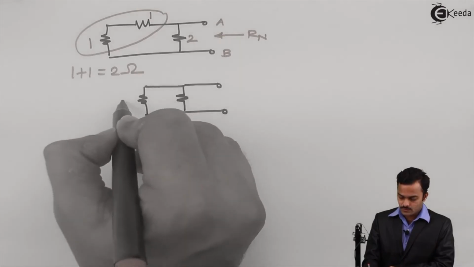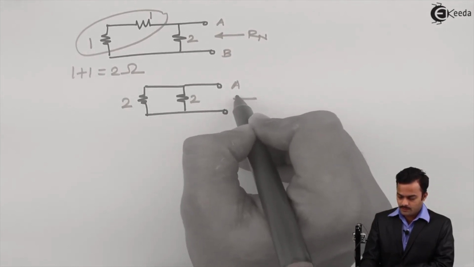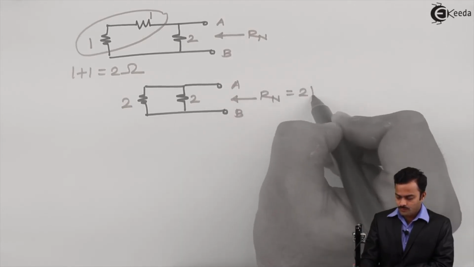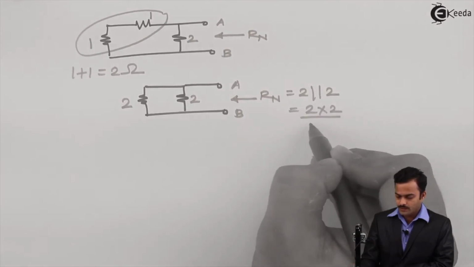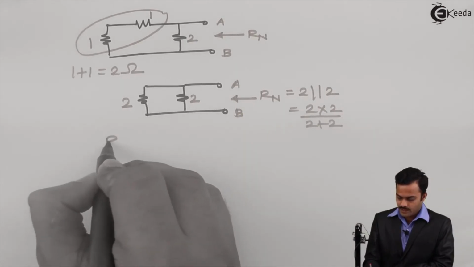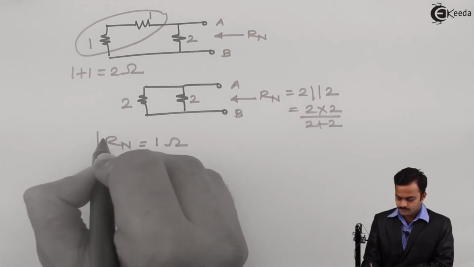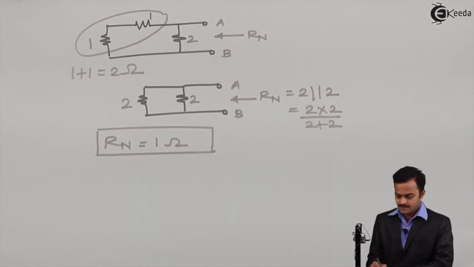So it will be like this: 2 parallel 2 between terminals A and B. So Rn I am getting as 2 parallel 2, 2 multiplied by 2 divided by 2 plus 2. If I solve, I will get Rn as 1 ohm. So the second step was very easy.